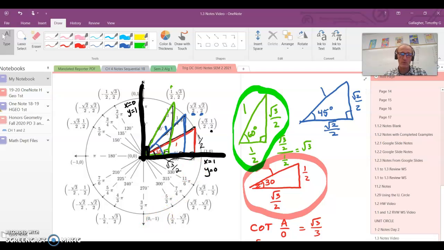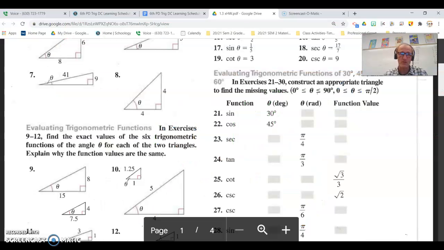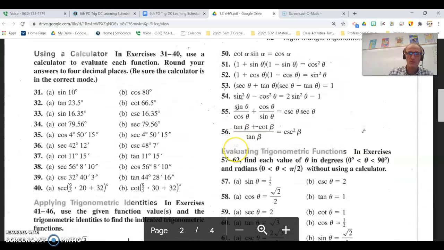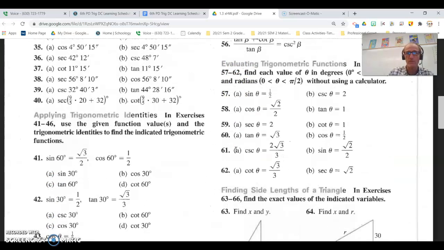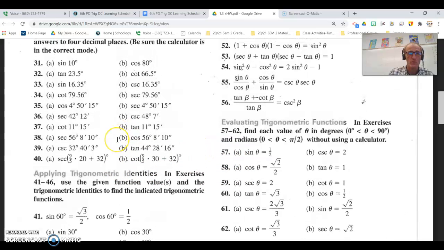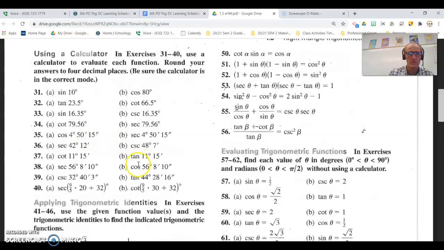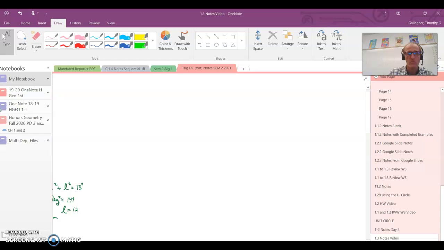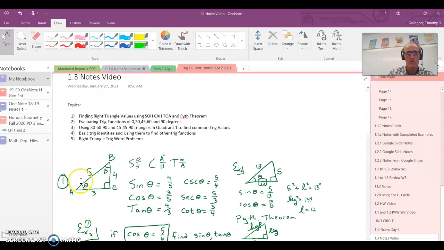So that should help with part 2 of section 1.3. Now we're going to move on to part 3 and 4, okay? Where part 3, what do we have for part 3? Using the 30, 60, 90 triangles in quadrant 1 to find the common trig values.